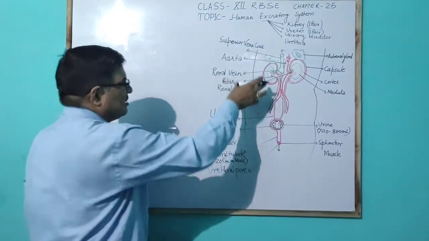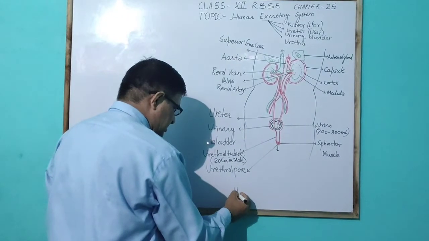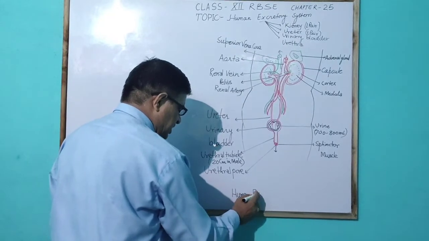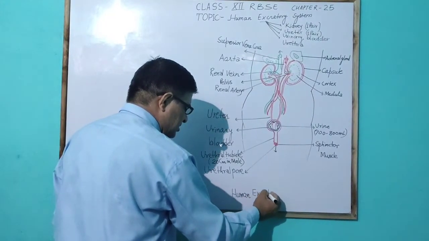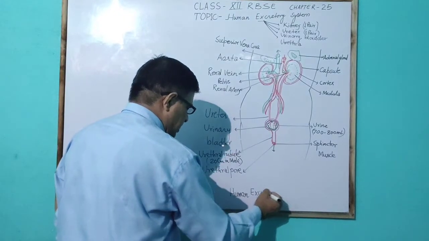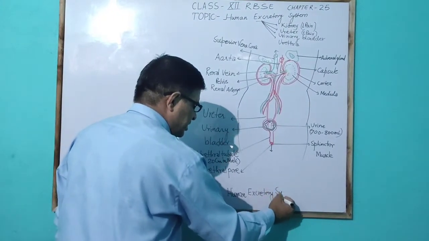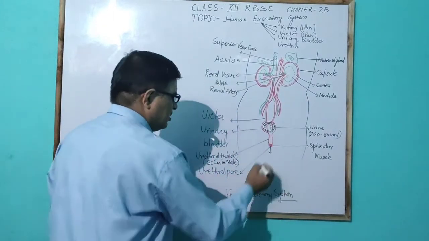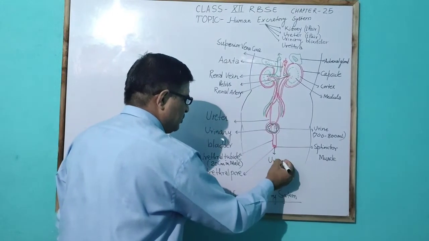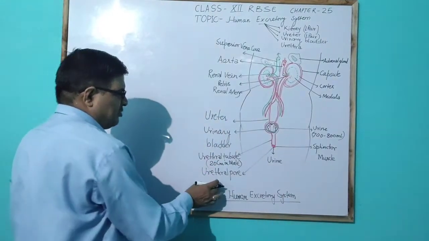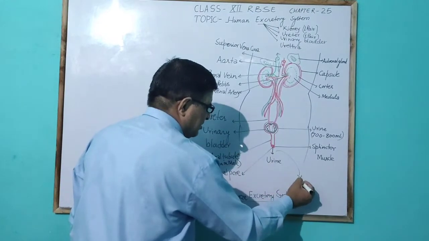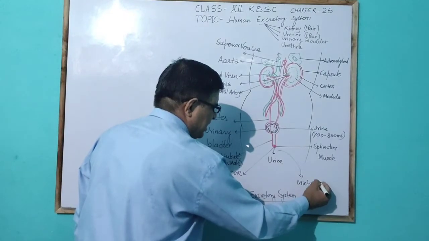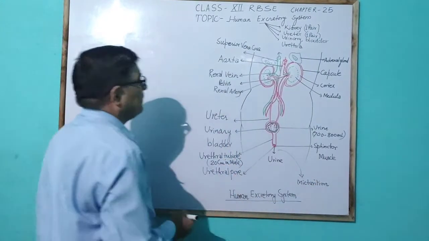So this total diagram is given as the human excretory system, in which the main excretory product is urea, which reaches out with the urine. This urine passes from the urethral pore. This phenomenon is called micturition.